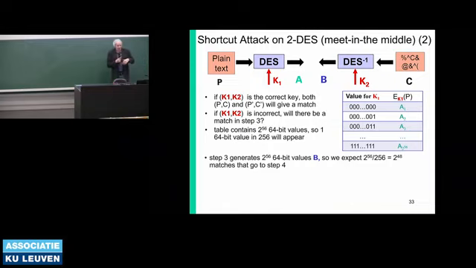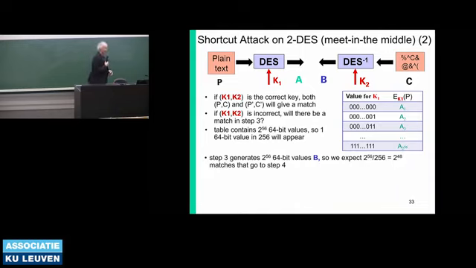So I have 2 to the 56 B values to compute, and in one case out of 2 to the 8, I have to actually do an extra check. So this is 2 to the 56 divided by 2 to the 8, which is 2 to the 48 extra checks. For those 2 to the 48 cases where I have a match, I then check the second plaintext-ciphertext pair, P prime, C prime. Only in one case will it say yes, and in the other cases with high probability it will say no, it doesn't match.